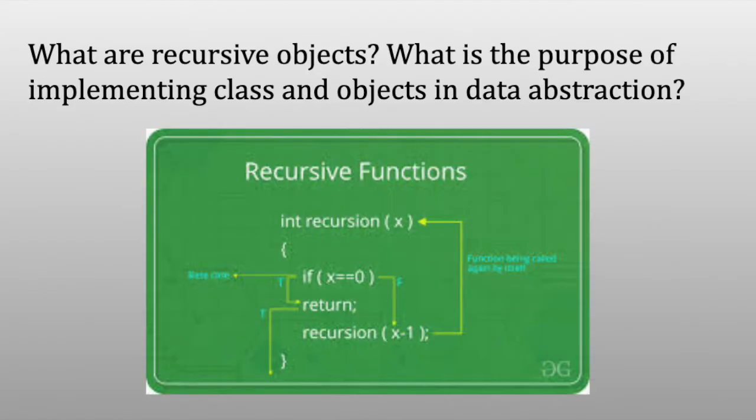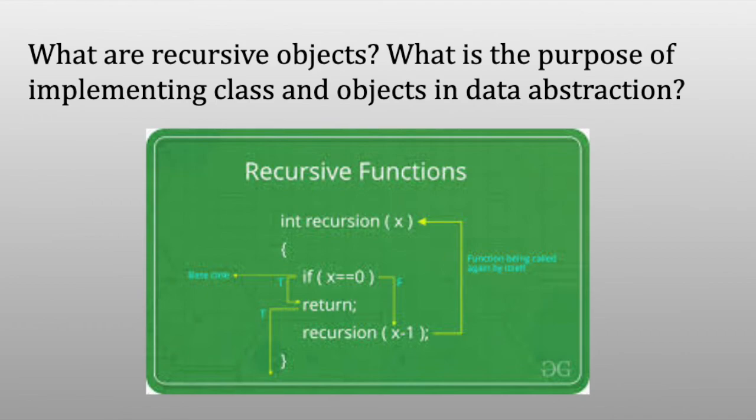So our final questions for today are: what are recursive objects, and what is the purpose of implementing class and objects in data abstraction? For this question, composingprograms.com was extremely helpful. The answer to the question is that when an object of some class has an attribute value of that same class, it is called a recursive object.